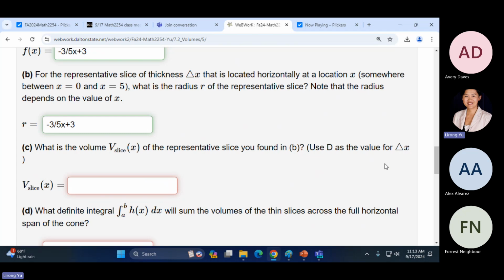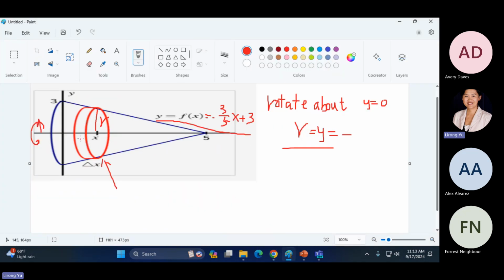Basically, if you are trying to calculate the volume with this method, how do we go from little by little to build that equation? We first build the formula for R, and then the volume of the slice. The red part, we are trying to find the equation for that slice.